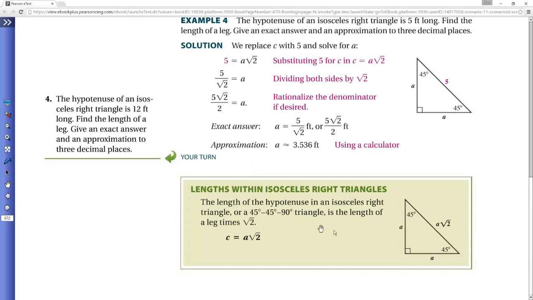So here's that relationship. They give us a box here. The length of the hypotenuse in an isosceles right triangle, or a 45-45-90 triangle, is the length of the leg times the square root of 2, or C equals A square root of 2.